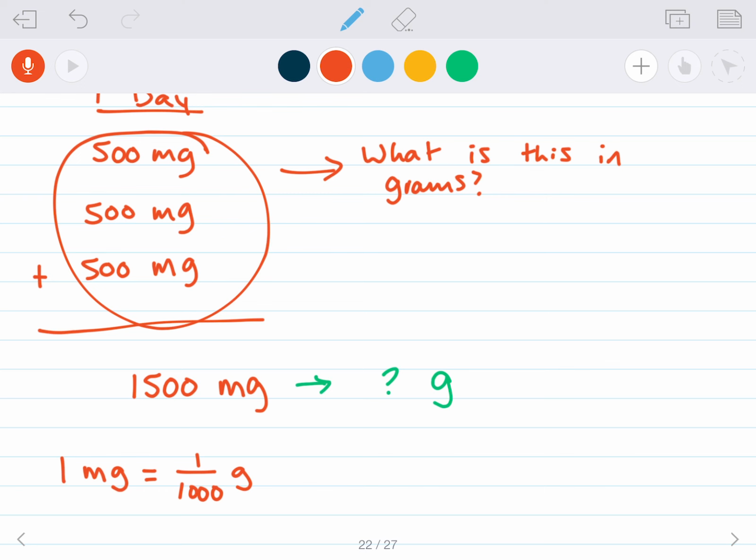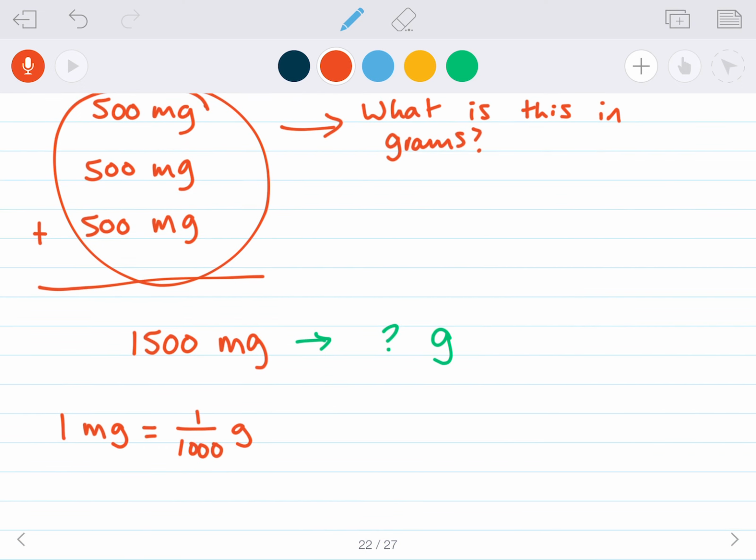Well, I can multiply both sides by 1,000, and those cancel out. I'm left with 1 gram is equal to 1,000 milligrams.